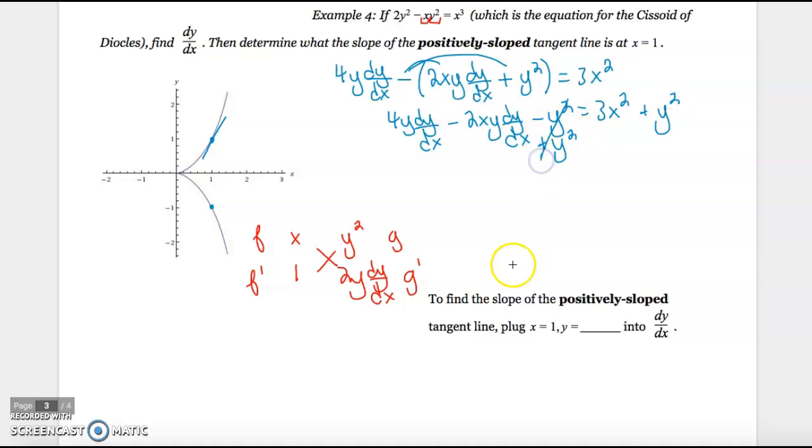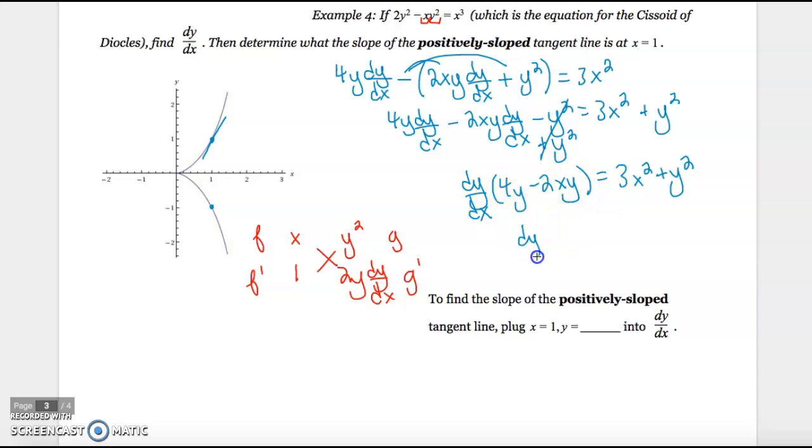And so then now on this side, I only have terms that have dy/dx in them, so I can go ahead and pull that out as a GCF. So dy/dx, and then I'll be left with 4y minus 2xy equals 3x squared plus y squared. And our last step would be to divide both sides by 4y minus 2xy.